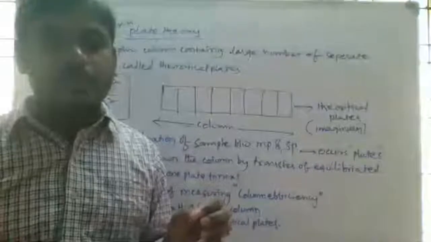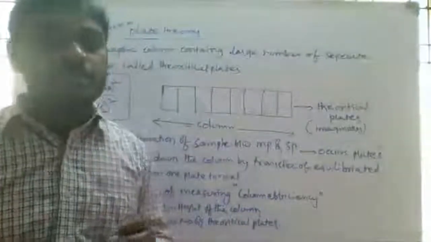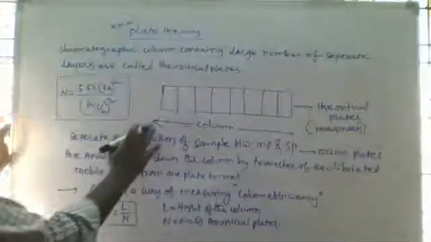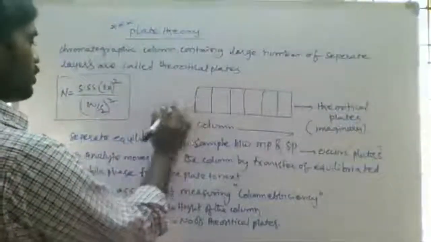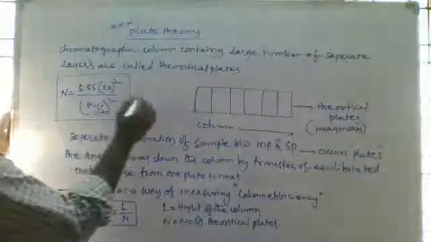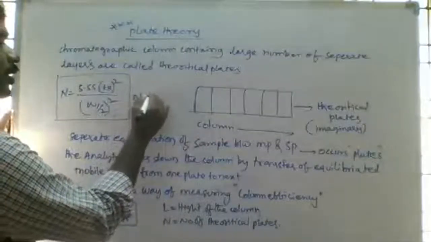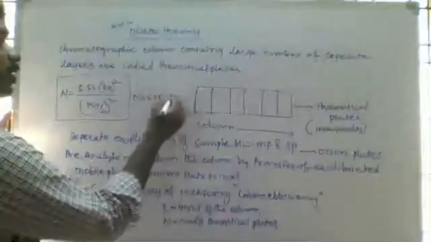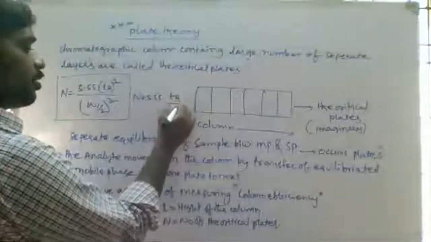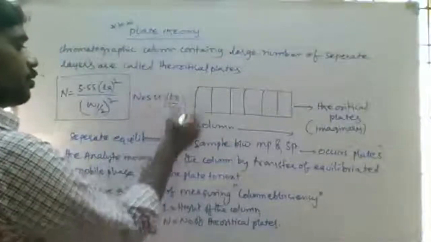Or it can be written as N equals 5.55 times (tR by W half) whole squared.